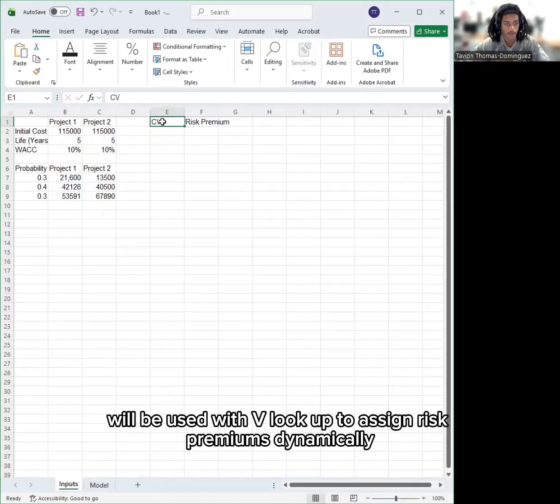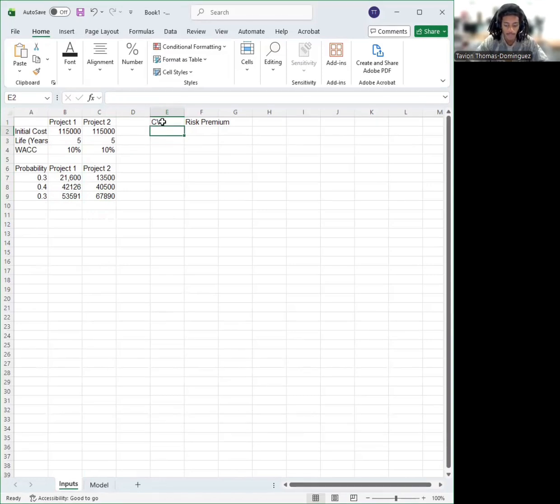This table will be used with VLOOKUP to assign risk premiums dynamically.